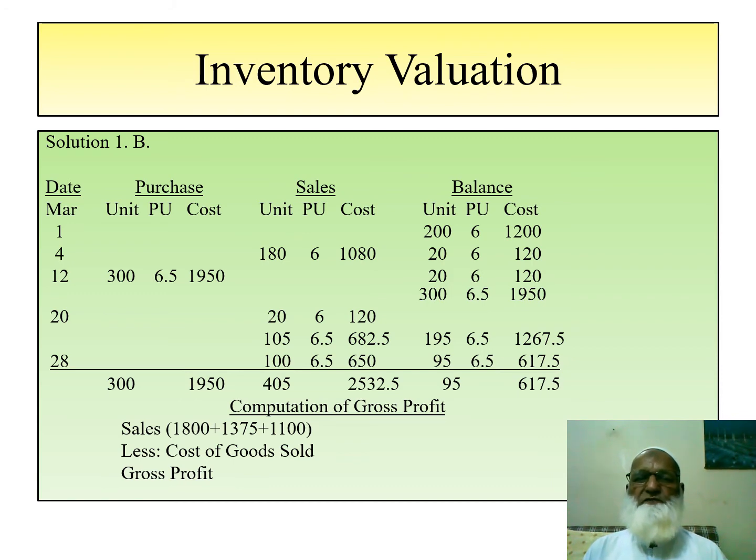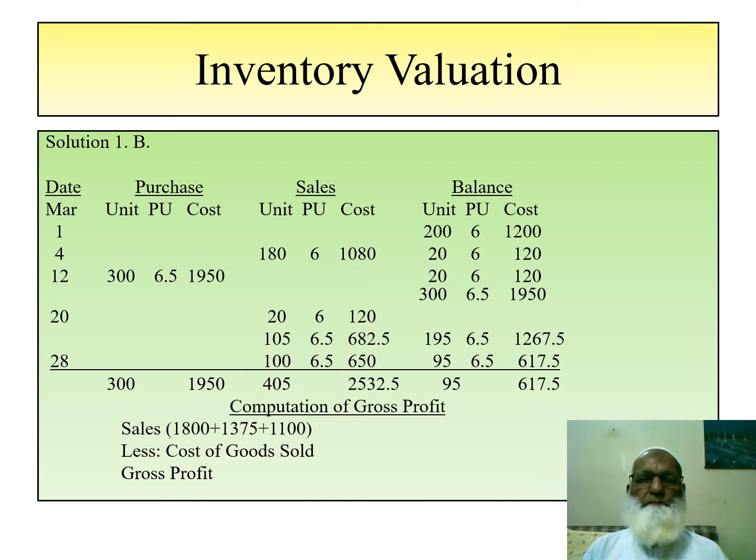Under sales, 180 units were sold and the cost of goods sold is 1080. In the balance column we are left with 20 units costing 6 rupees, and the total cost of the inventory left with us is 120 rupees.